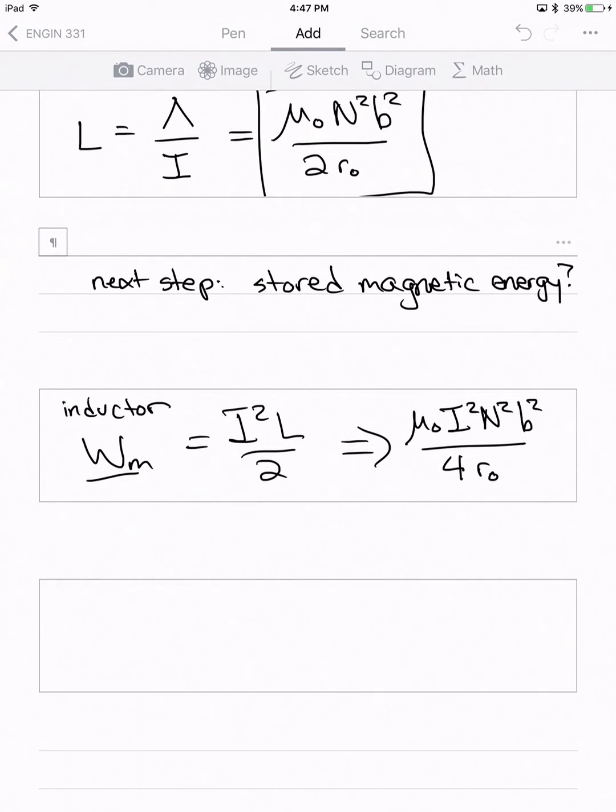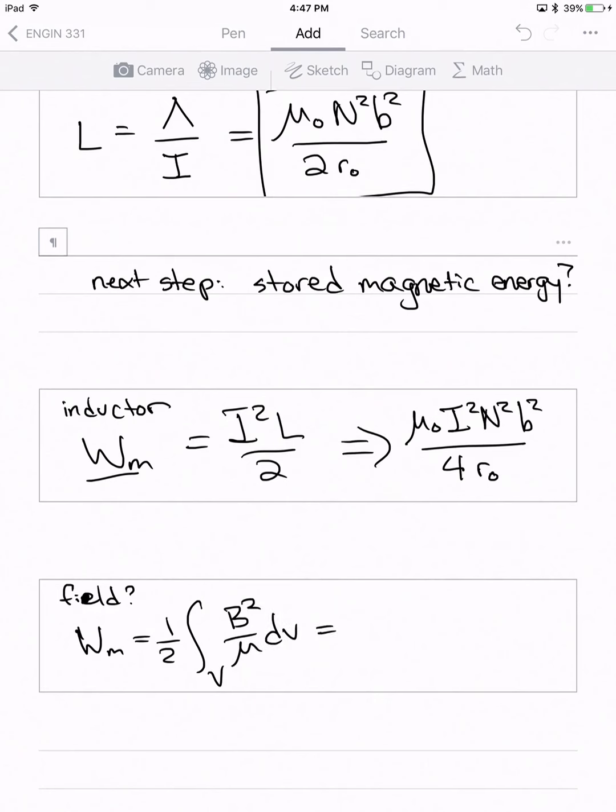If we don't have an inductor in particular and we just want to find the stored magnetic energy in some sort of magnetic field, then we can use Wm, the stored magnetic energy, equal to 1/2 integral over the volume of B squared over mu dV.